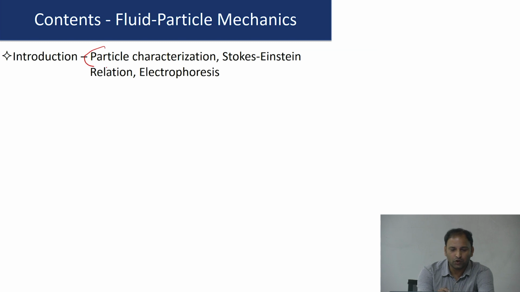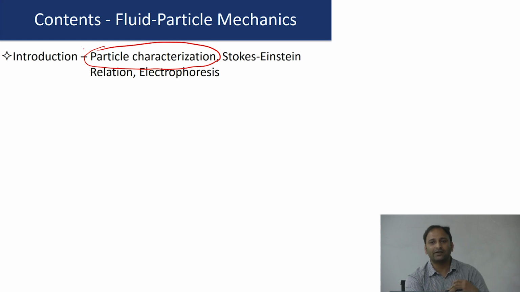I'm going to have one or two classes on particle characterization, okay, because before you start looking at a fluid particle system, you should have an idea about what is a particle, where do they come from, and what is the typical characterization that one has to do before you work with fluid particle systems.